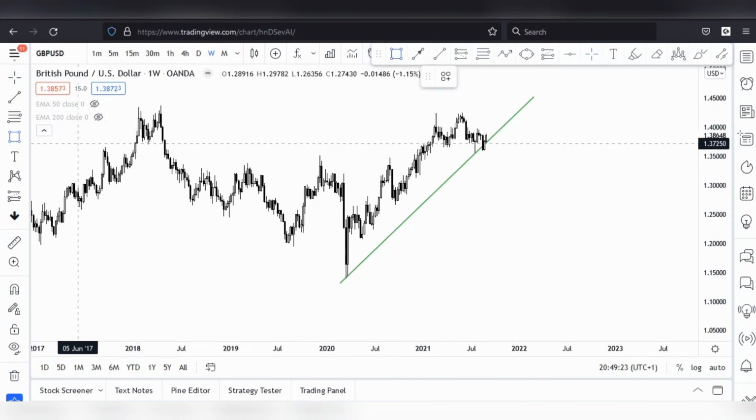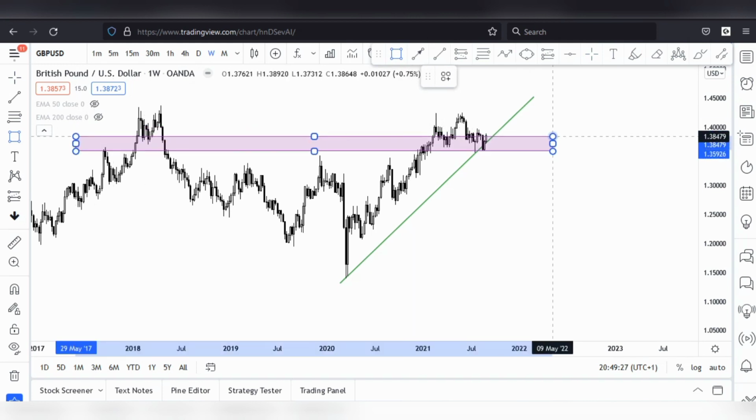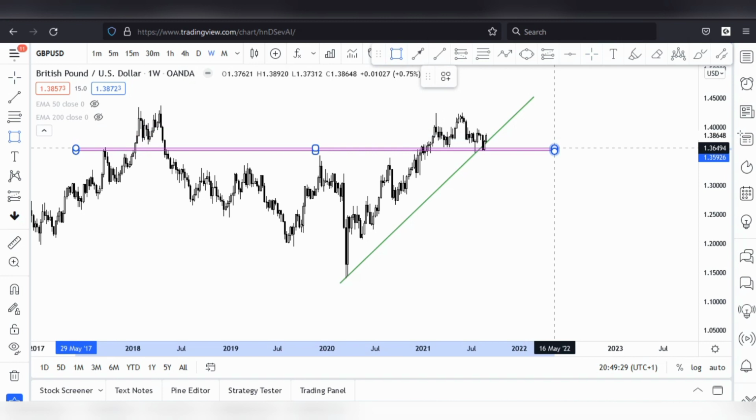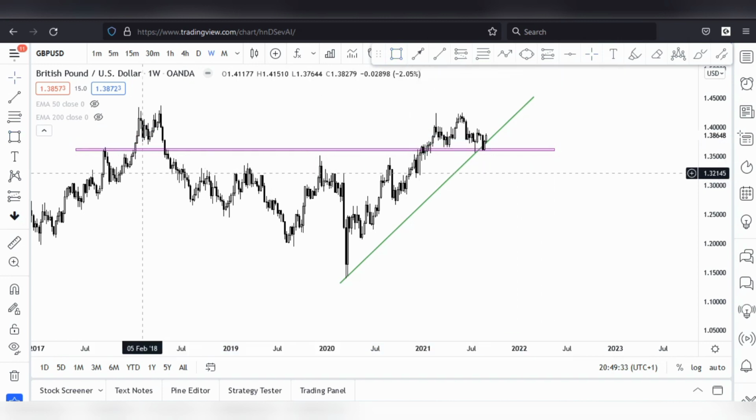So the support level that I can identify here is this area over here. And as you can see, price has tested it several times here and here as well.